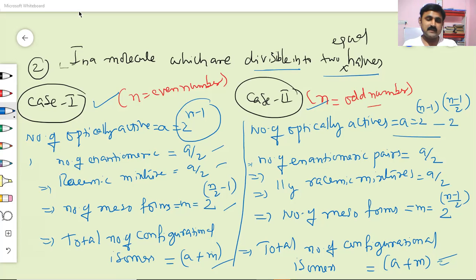And finally we observed the calculation of the number of optical isomers, when the molecule is not divisible into two equal halves. We said 2 power n is the formula to calculate optically active compounds. And if the molecule is divided into two equal halves, then two cases arise, n value even number and n value odd number, that we observed.